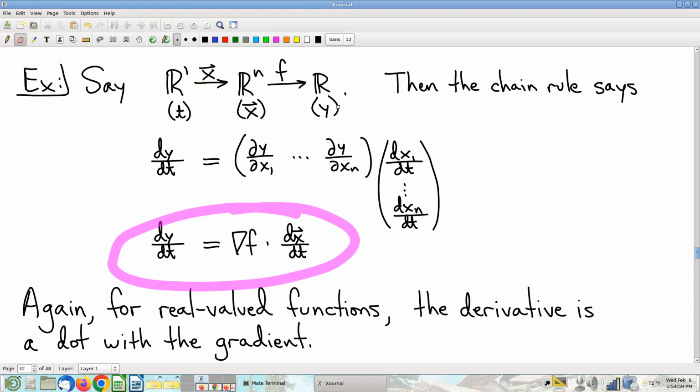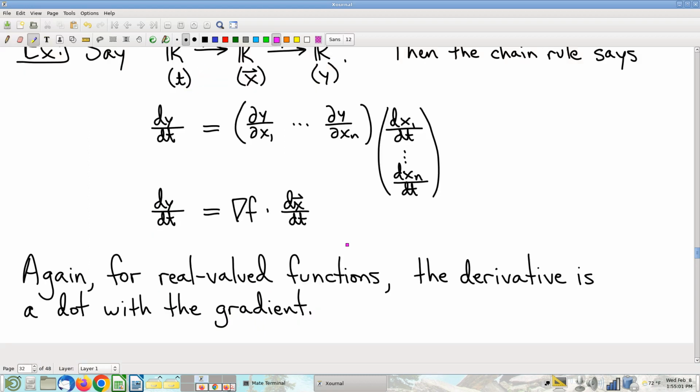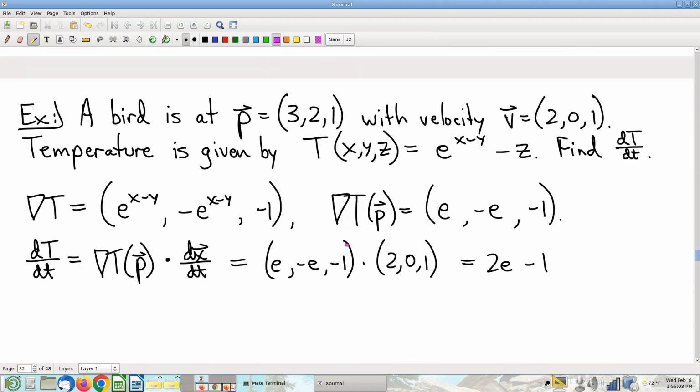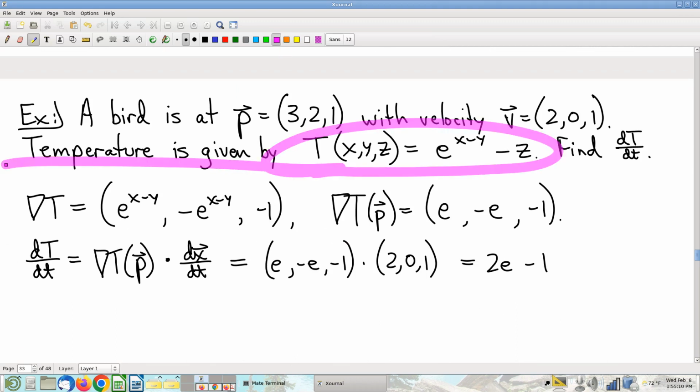So again, example. Suppose you've got a bird flying around in space, and we've got a temperature function in space.